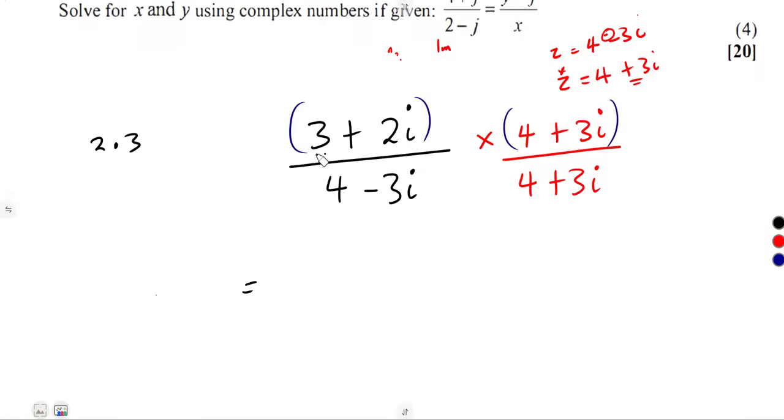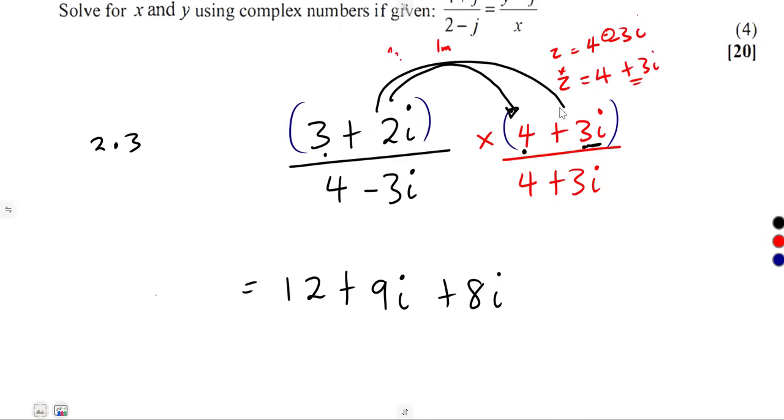So 3 times 4, that's going to be 12. 3 times 3i here is 3 times 3, that's 9, so that's 9i. Then we are done. We move on to 2i. This 2i is going to do the same thing. It multiplies 4, so that's 8i there, then 2i times 3i at the end. So plus and plus is going to be plus 6i squared.